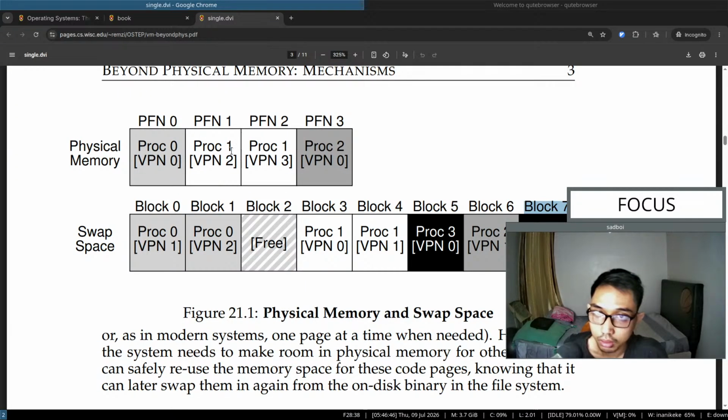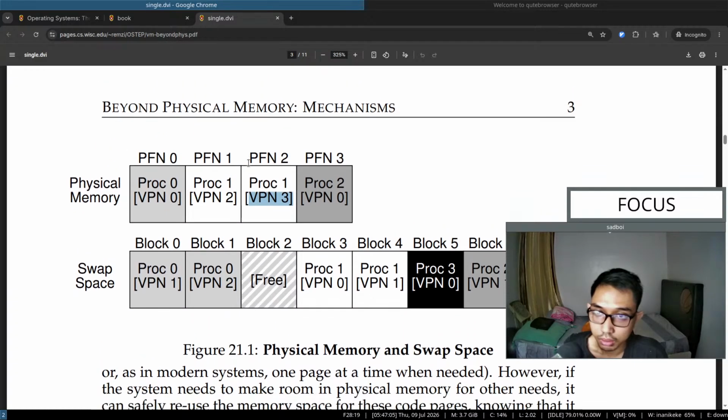So this is in the memory, but the other page is in the swap space. Okay, this one too. Now I'm kind of curious.